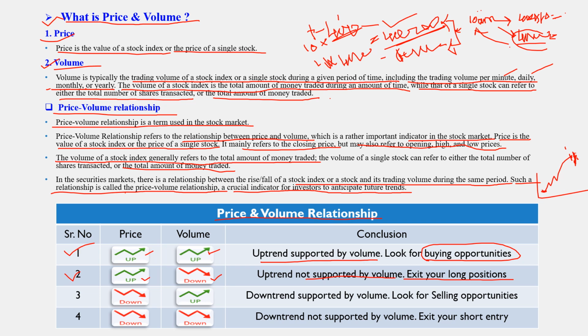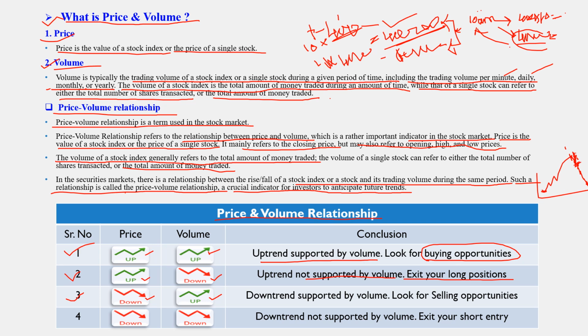After that, the price will go down and volume will increase. At this position the market will be going down, meaning the price will be low and volume will be increased. This trend will be going downward, so at that point we can analyze through this price-volume relationship.